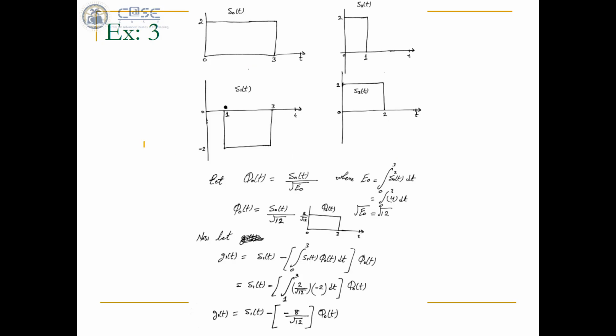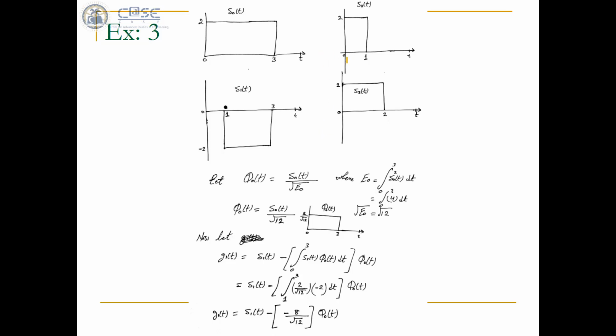Alright, now this is another example of a GSO process in which we are given 4 signals again, 4 different signals having different shapes and durations. The time period is assumed to be 3 seconds, that is, the symbol duration is 3 seconds.